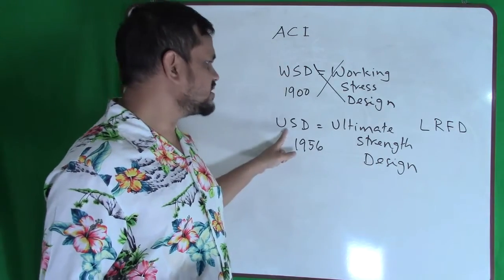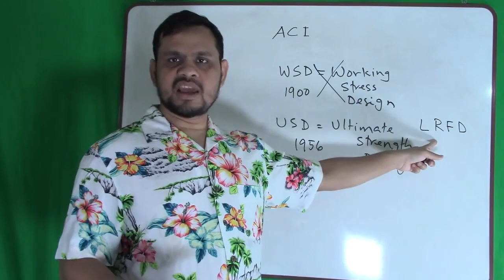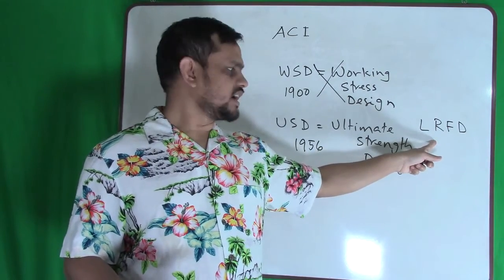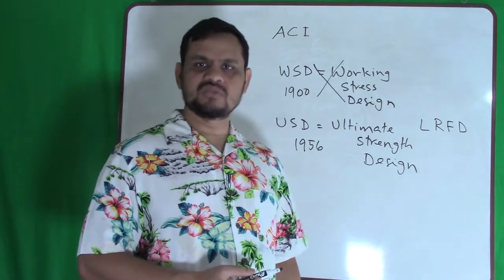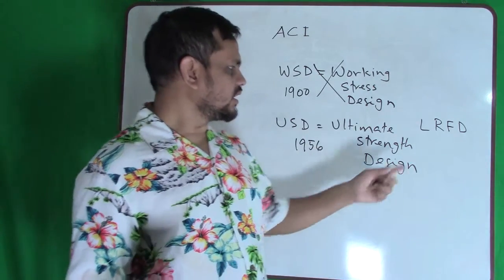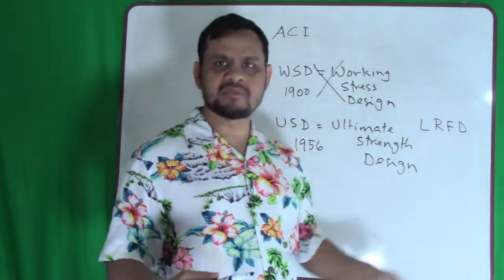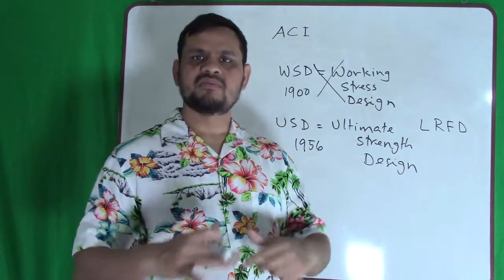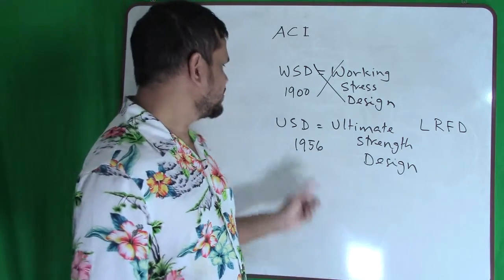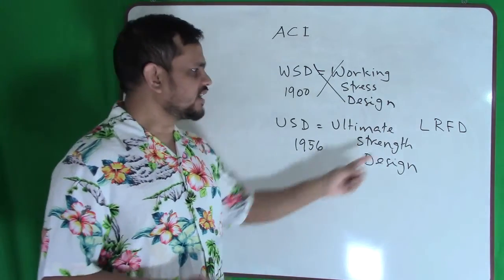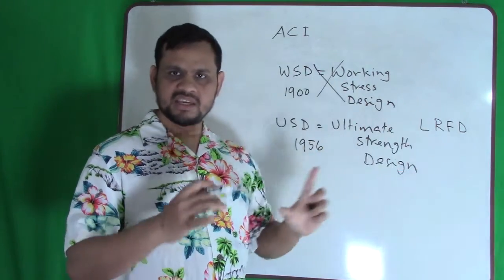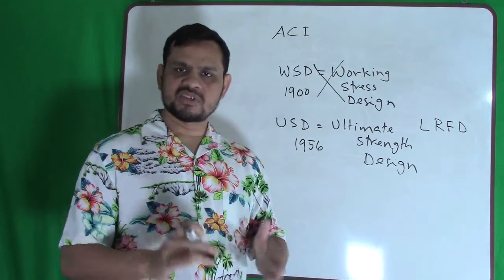ACI uses USD. AISC, the American Institute of Steel Construction, and the American Wood Council for wood design use this name. So actually same concept but different names. If you hear about USD or LRFD, it's the same thing. In fact, this name is better because it represents the concept better.